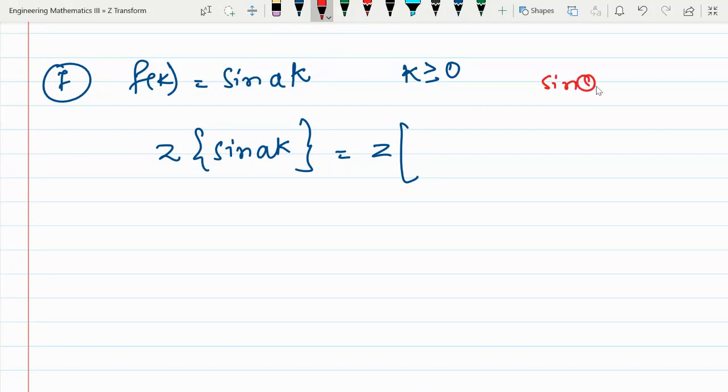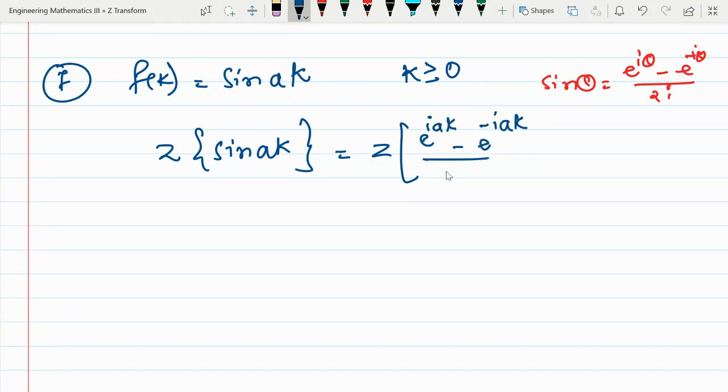Sine of theta is equal to e raised to i theta minus e raised to minus i theta, upon 2i. This result you may have seen. I am just using this result here. So sine ak is nothing but e raised to i ak minus e raised to minus i ak divided by 2i, where theta is ak.